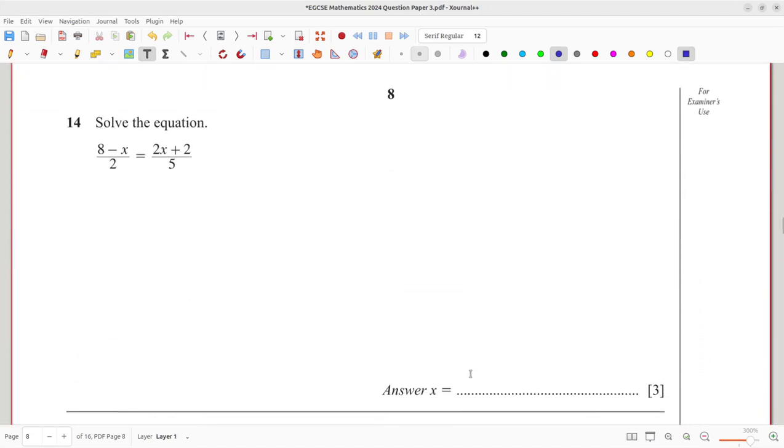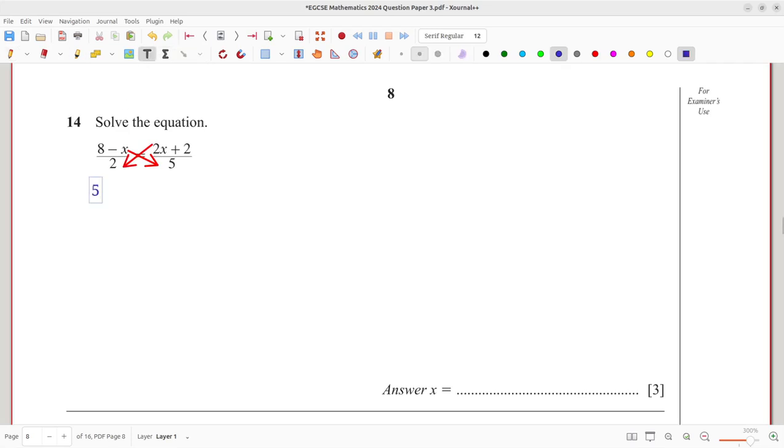Next, solving an equation. The same applies to this one. We first need to get rid of the denominators, or rather do what? Cross multiplication. If we cross multiply here, this is going to multiply that, and this is multiplying that. So what do we get in doing that?